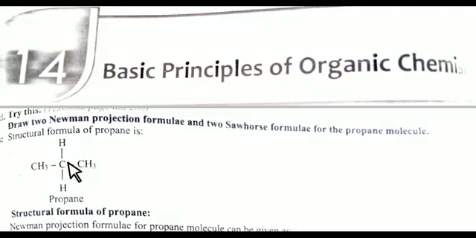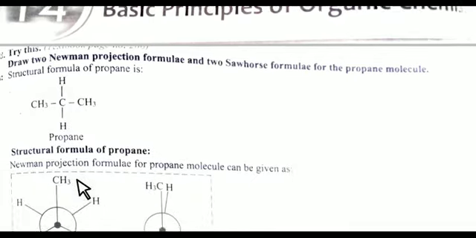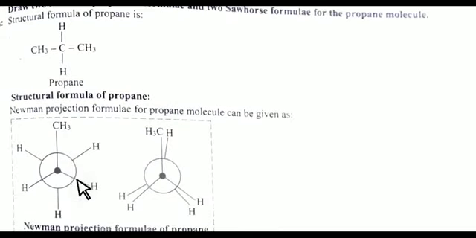And we know how we have to draw the Newman projection formula. Always remember, this is the structural formula of propane. Now see the Newman projection formula of propane.